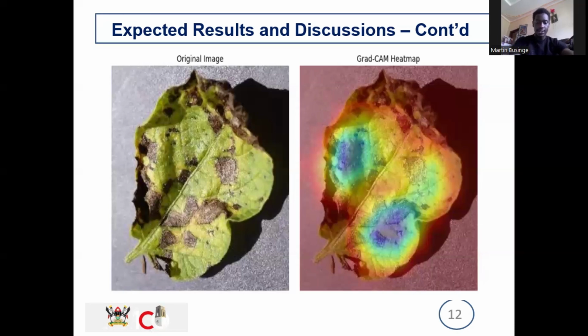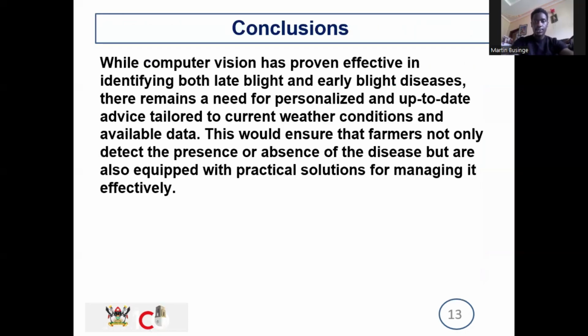So then in conclusion, while computer vision has proven effective in identifying both late blight and early blight diseases, there remains a need for personalized and up-to-date advice tailored to current weather conditions and available data. If I could clarify more on that, yes, computer vision is very effective.